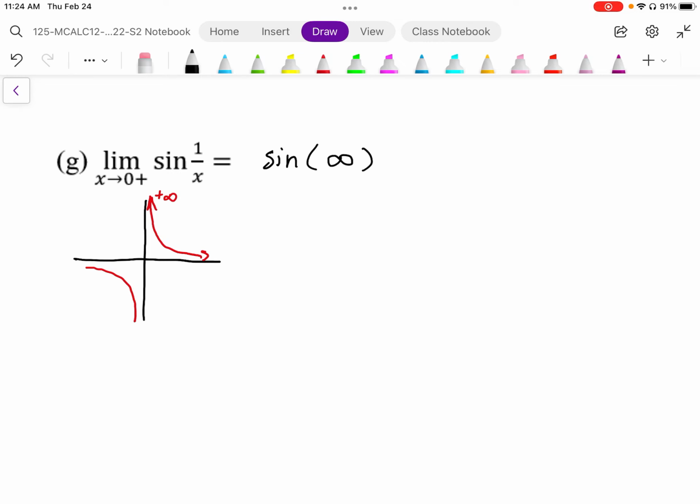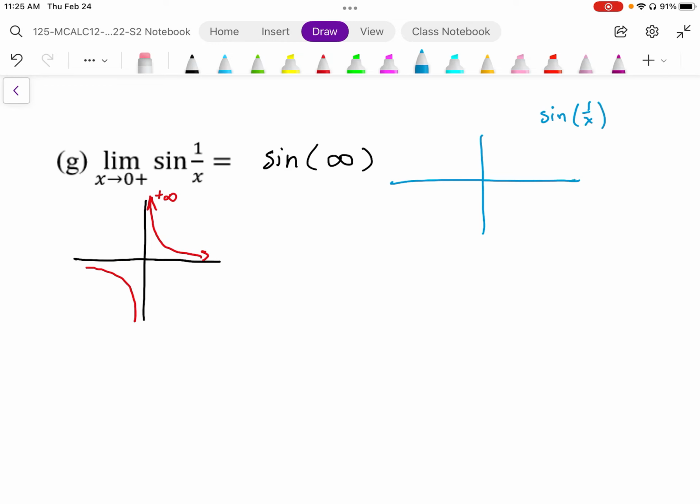Well, if that's the case, what's happening to the sine value as the angle becomes infinite? It's going to basically go through the circle over and over again. And in fact, the closer we get to 0, it's going up quicker, so it's going to go through the angles much quicker. So when we think of what the graph looks like, this would be the sine of 1 over x.